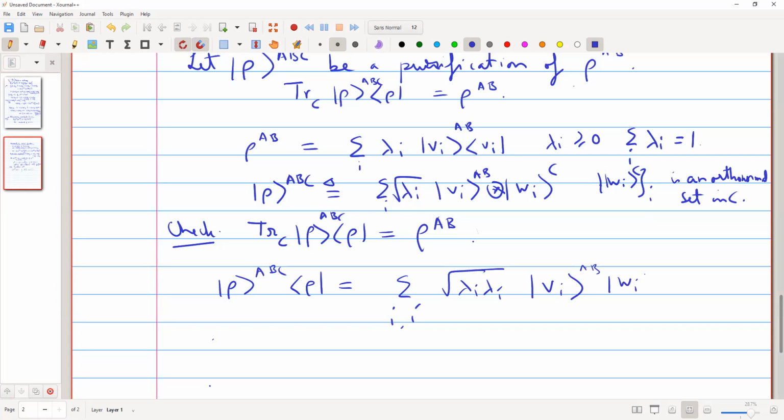Now I have |w_i⟩ on C, and here I have ⟨w_i'|. So this is just a product of matrices, and then just the usual properties of the tensor product.